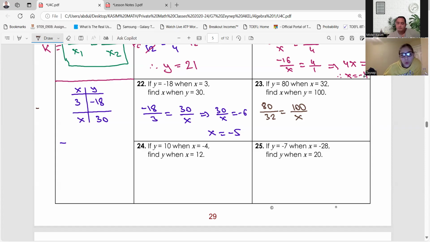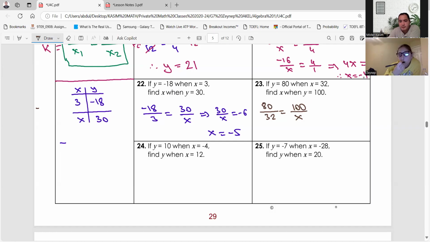So 100 over x equals, what would I do? 80 divided by 32? First, simplify the fraction, then cross multiply.